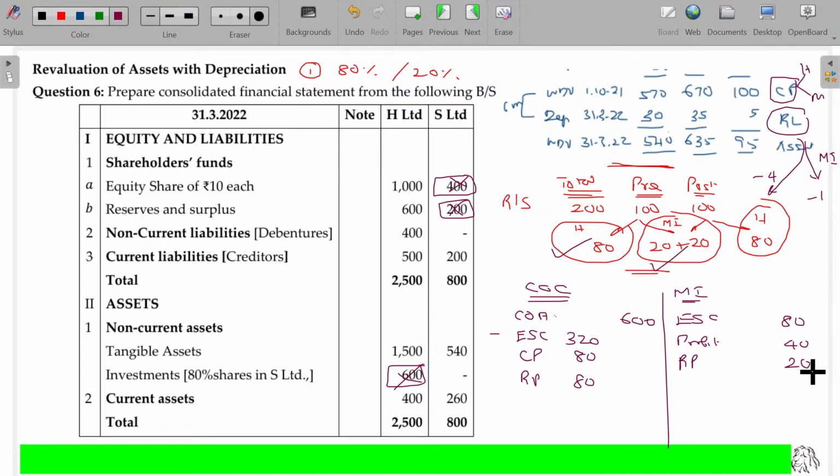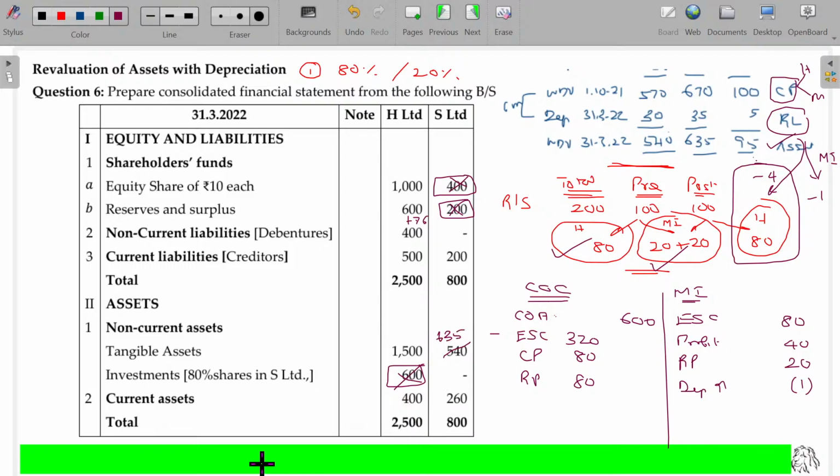It's a revenue loss, right? 1 rupee being loss. This is what about the increase in depreciation, post acquisition profit, and ultimate revenue profit transferable here being 600 plus 76 plus 76, 80 minus 4, 76, and the asset will have impact to the extent of 95. So 540 will be increased by 95, 635.